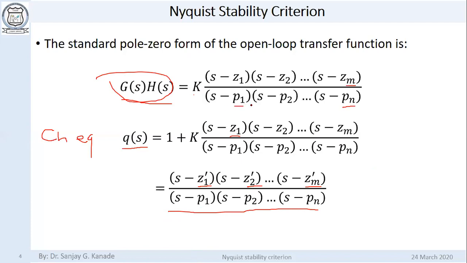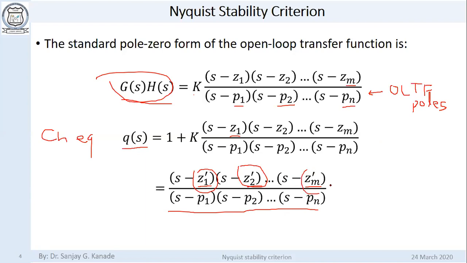So P1, P2, Pn, these are OLTF poles, right? What are the CLTF poles now? Closed loop poles. The closed loop poles are these ones.